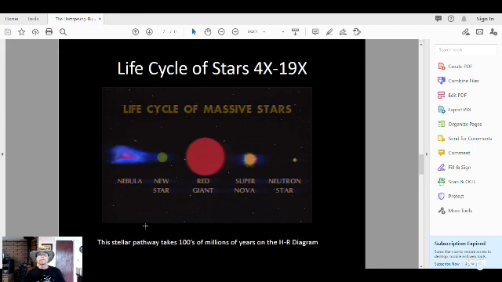There's still more research to do on this, but I think we're real safe saying a star that's 4 to 19 times the mass of our sun, what we call a massive star, is going to end up from the supernova crushing that iron core down to just pure neutrons, chargeless neutrons.